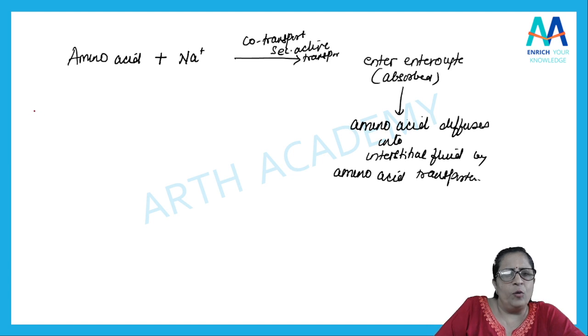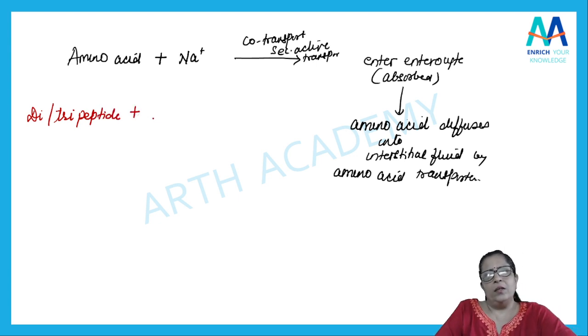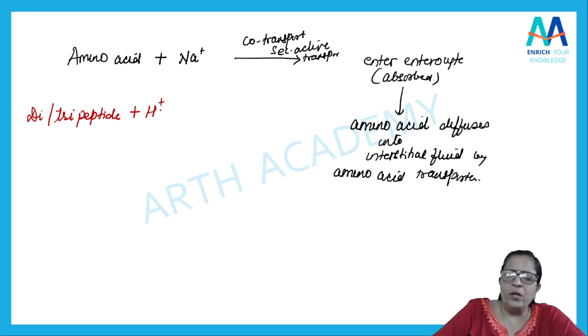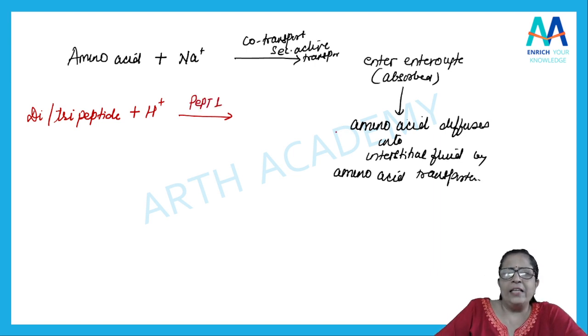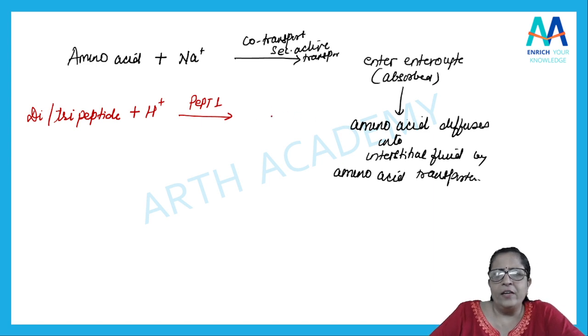if it is in the form of a di or tripeptide, this will go along with a proton. Yes, they will combine with the proton, and it will take the help of PEP-T1 as a transporter. Yes, and they will also enter where? They will enter into the enterocyte.